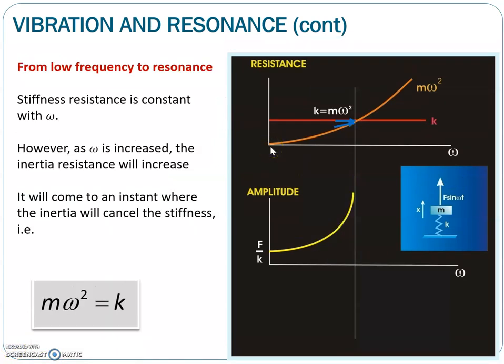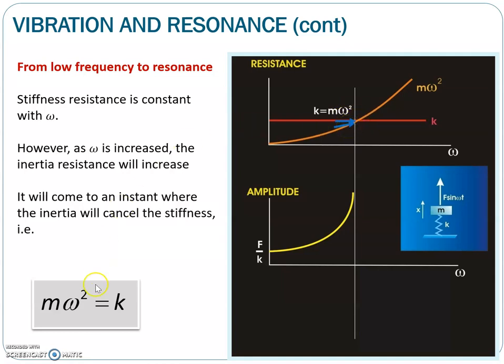When we increase the frequency further, the stiffness resistance is constant with omega, but as omega increases, the inertial resistance also increases. It comes to an instant where the inertia cancels the stiffness, at this particular point.